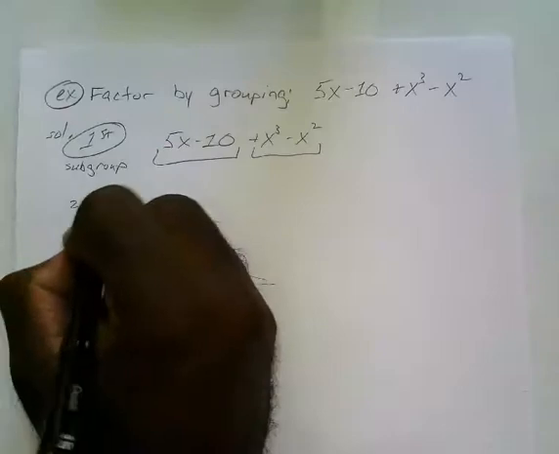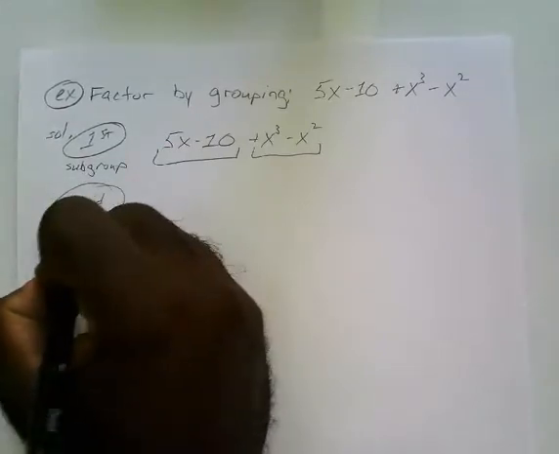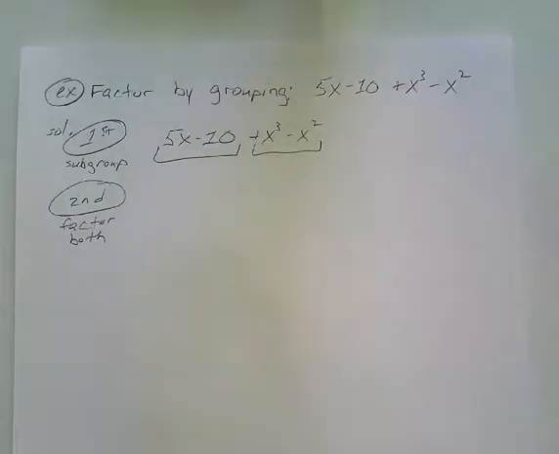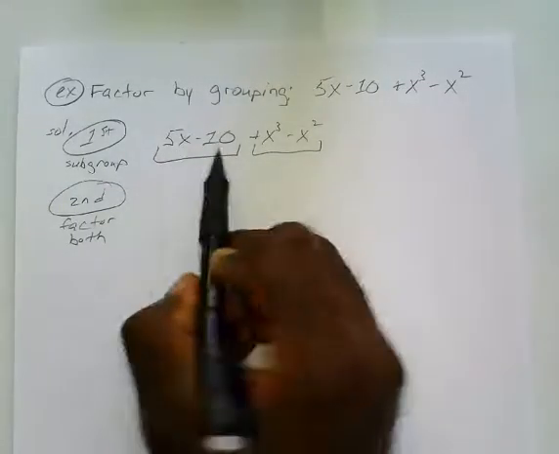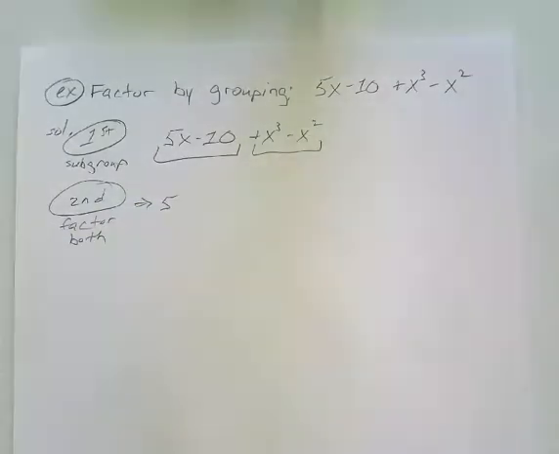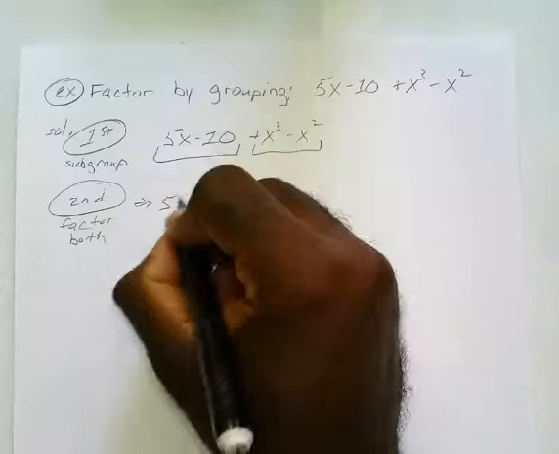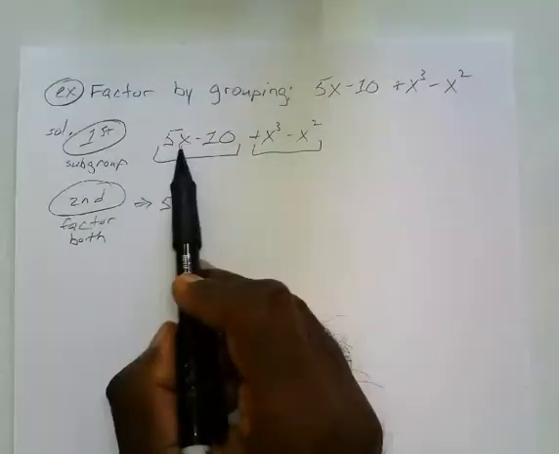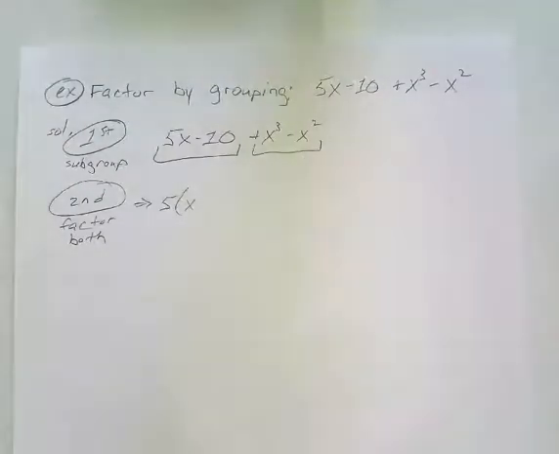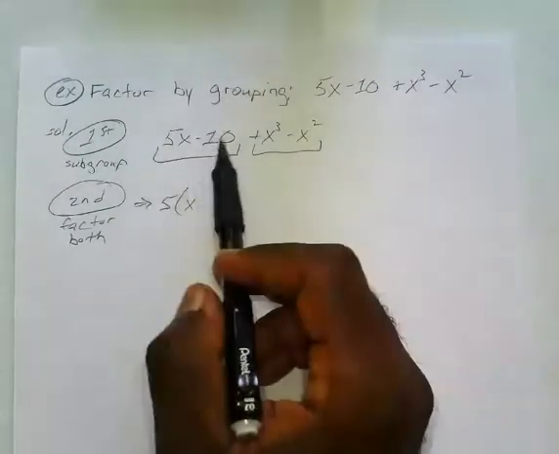Okay, so your second step, you're going to go ahead and factor both. For these two terms, you can factor out a 5. Once you factor out your 5, 5 times what gives you 5x? That's 5 times x. And 5 times what gives you negative 10?